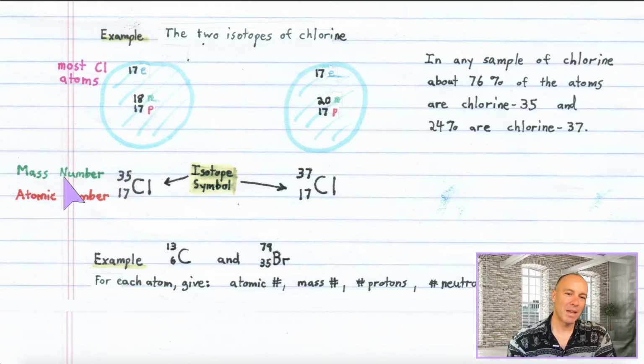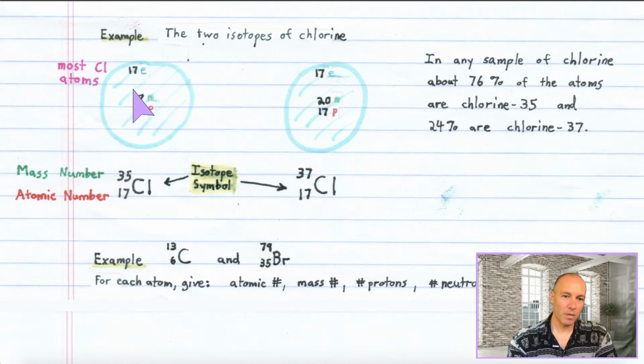We call that the mass number because these are the particles that are basically representing all of the mass in the atom. Remember, the electron mass is almost insignificant compared to these two. These two overwhelmingly represent the mass of the atom.